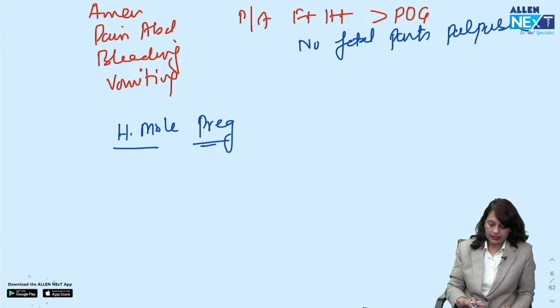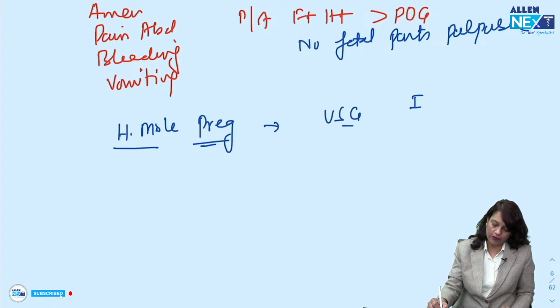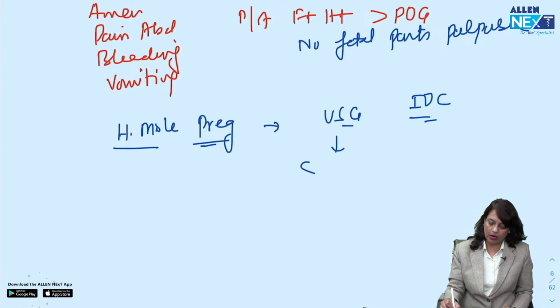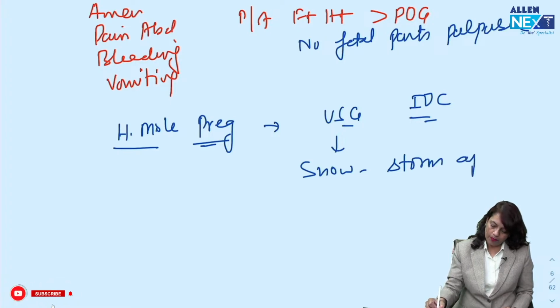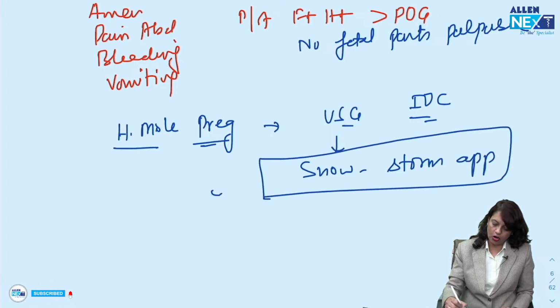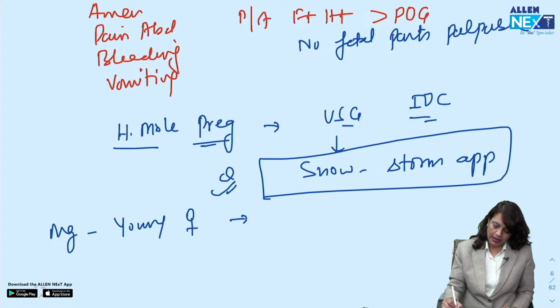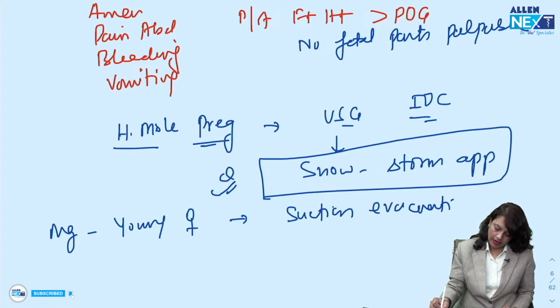And what do you find in the ultrasound? The investigation of choice for diagnosis of molar pregnancy is ultrasound. And what do you see? You see the snowstorm appearance. And the management, if it is a young female, is suction evacuation followed by curettage.